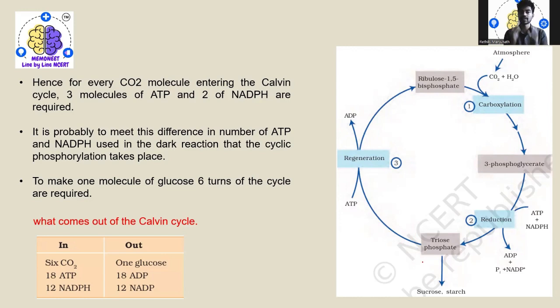So what comes in and what comes out of the Calvin cycle? For example, if six carbon dioxide molecules come into the Calvin cycle, it releases one glucose. Then 18 ATP will turn into 18 ADP, and 12 NADPH will turn into 12 NADP.